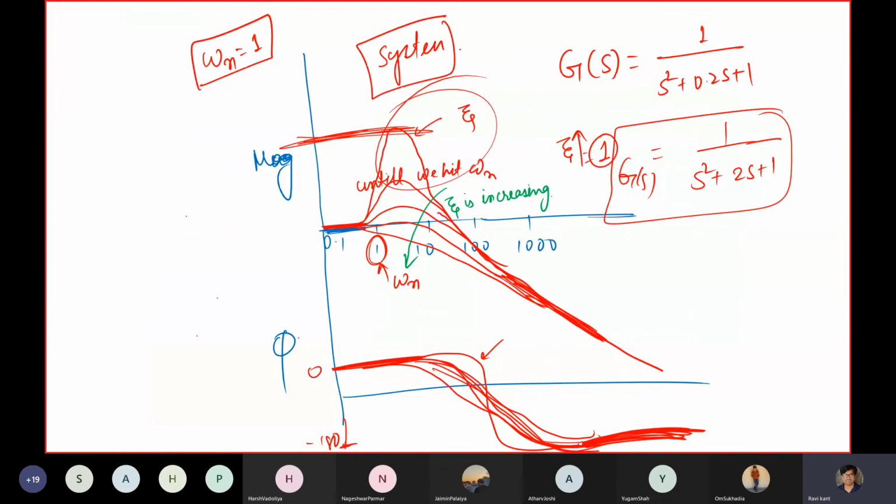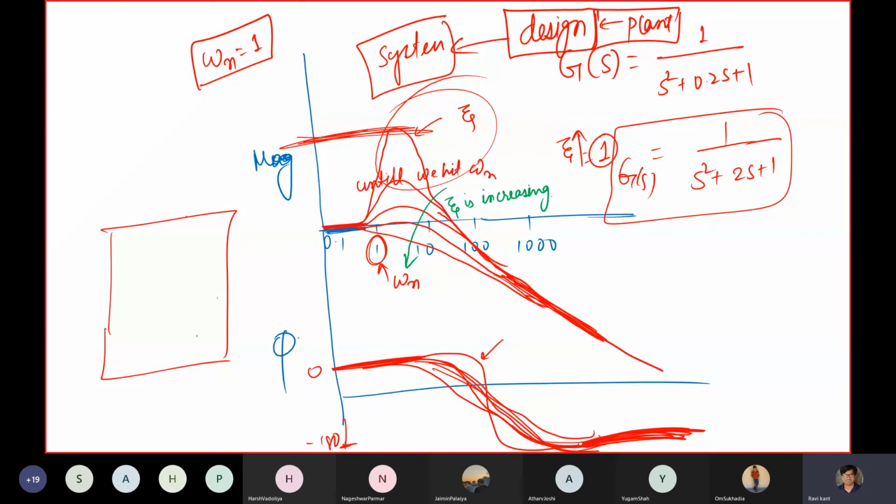And here is how you are going to design your control system or any plant. Let's suppose you are a civil engineer making an earthquake resistant building. You are going to design your beams and columns in such a way that it gives you a higher zeta.